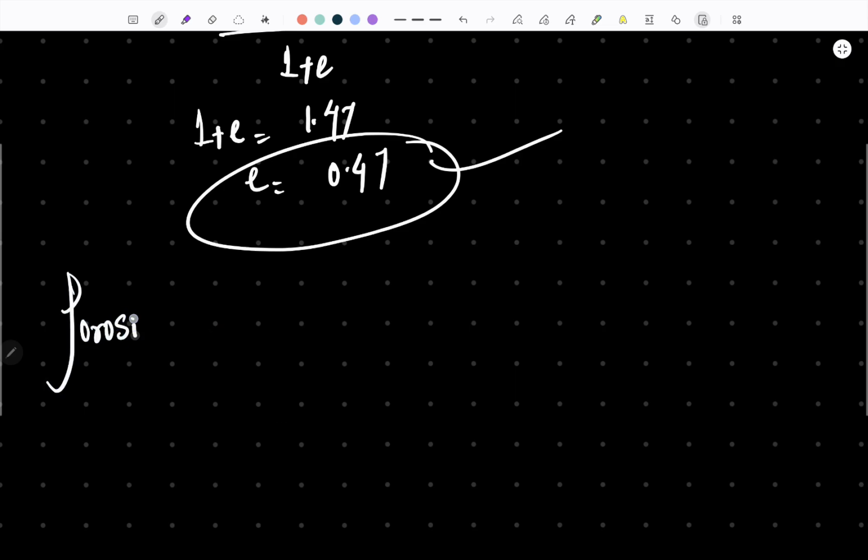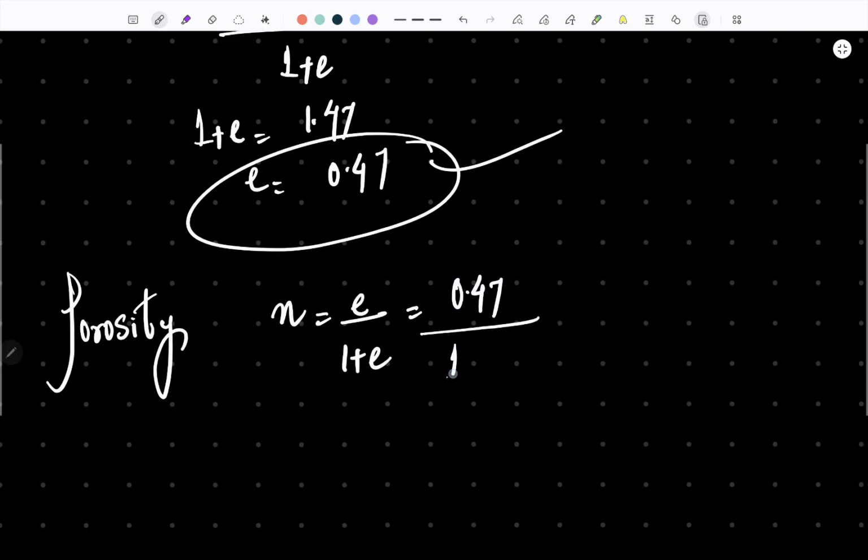Now I can very easily find the porosity. Why? Because I know the equation correlating porosity with void ratio, which is n, the porosity, is equal to e divided by 1 plus e. So e is 0.47 divided by 1 plus e, which is 1.47. By calculations, porosity is equal to 31.9%, which is approximately equal to 32%.